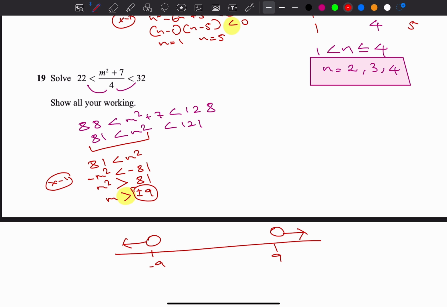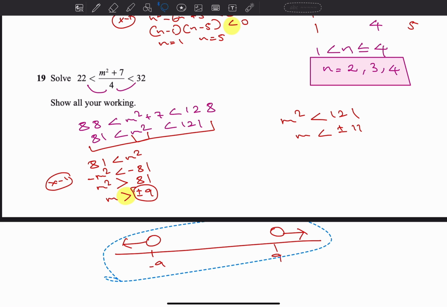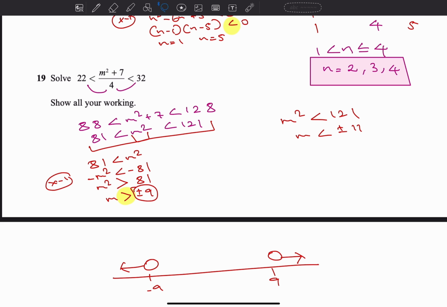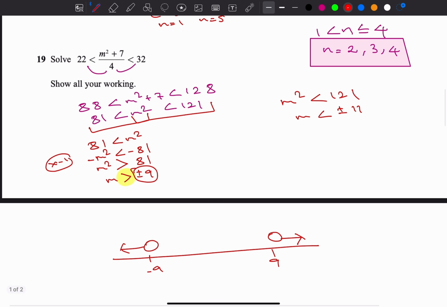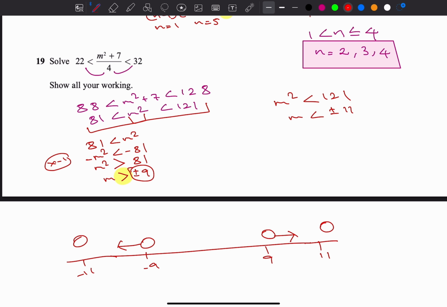Does it make sense? Then the next one, I'll do these two together: m squared less than 121. Square root it, m is plus or minus 11. Okay, let me just bring this down a bit. There you go. So positive 11, negative 11. Circle, circle. Is it shaded? No, nothing shaded.